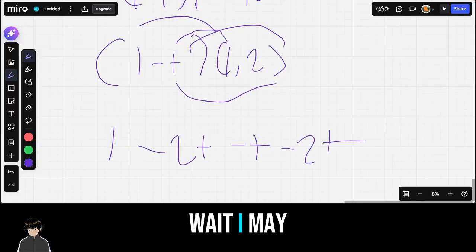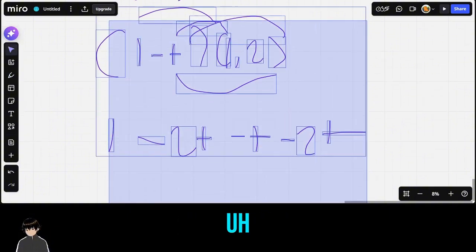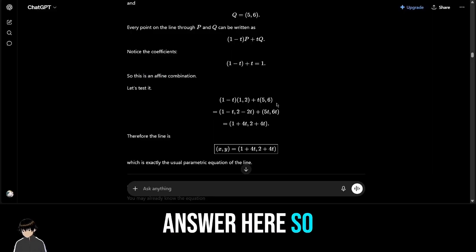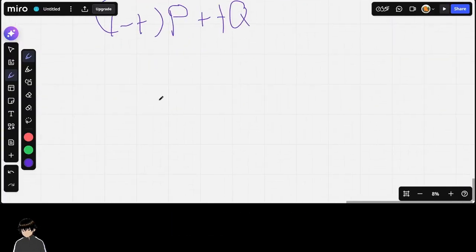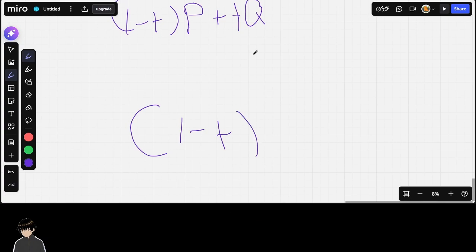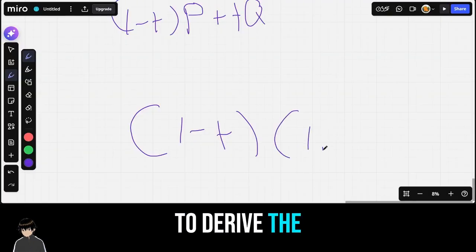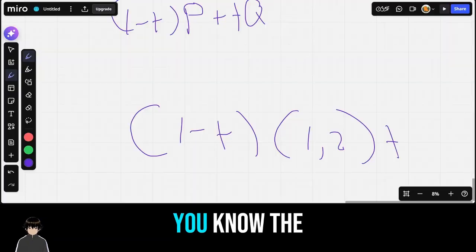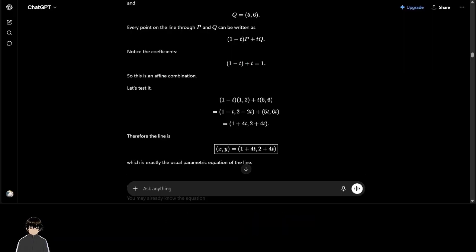Wait, maybe I'm wrong on this. Let me just get the actual answer here. Scale 1 minus t, 1, 2. Let's just try to derive the answer from the actual answer.